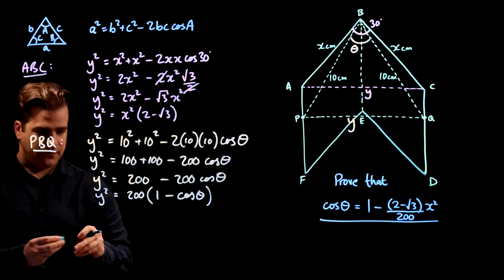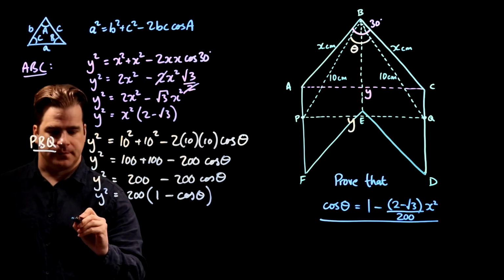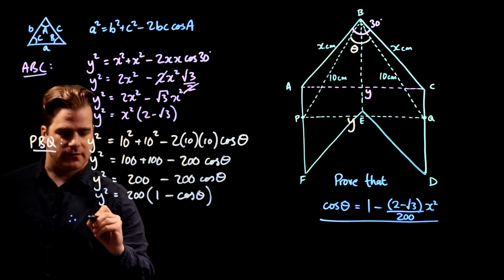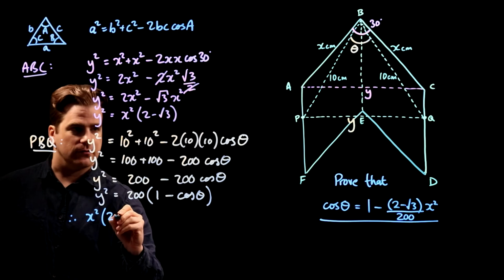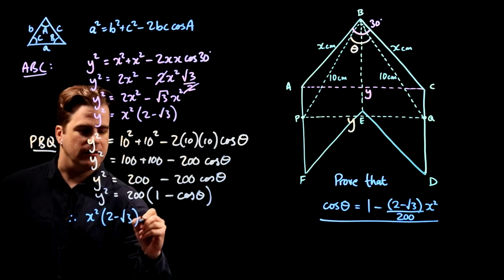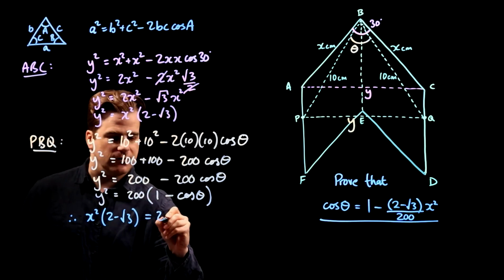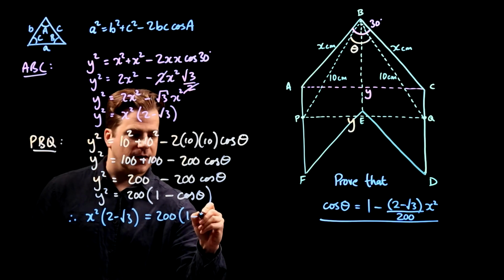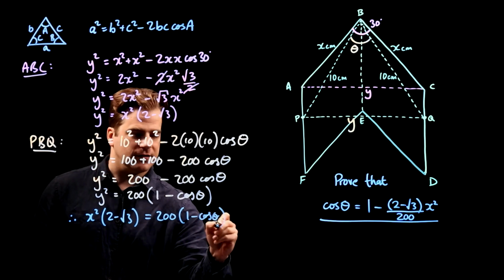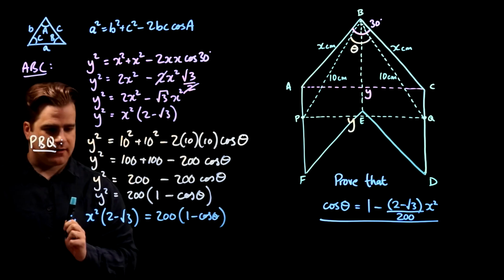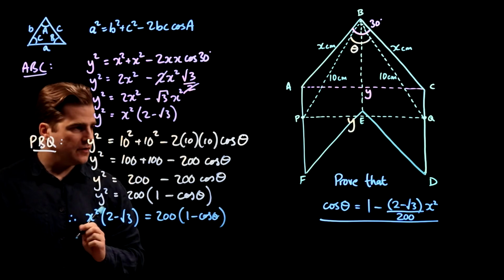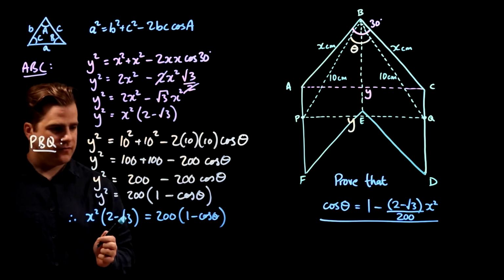So to finish off, we can say, therefore, x squared times 2 minus root 3 is equal to 200 times 1 minus cos theta. And if we rearrange that, I bet we're going to get that. So we've got to get cos theta by itself.